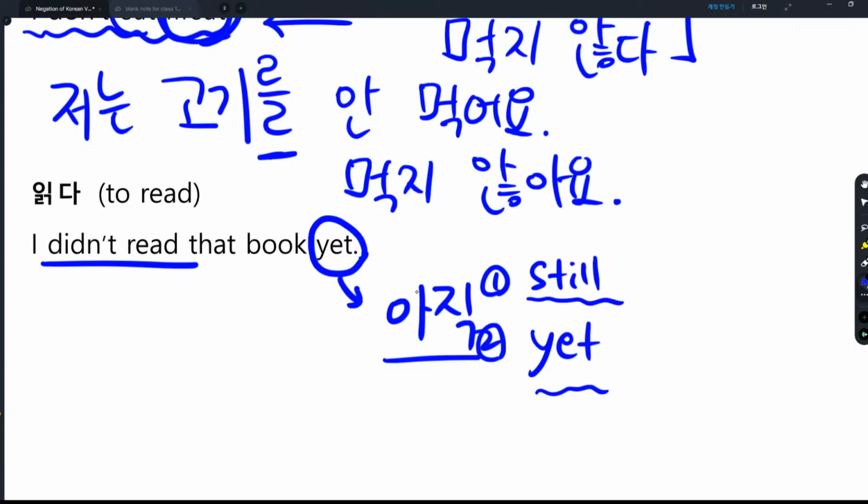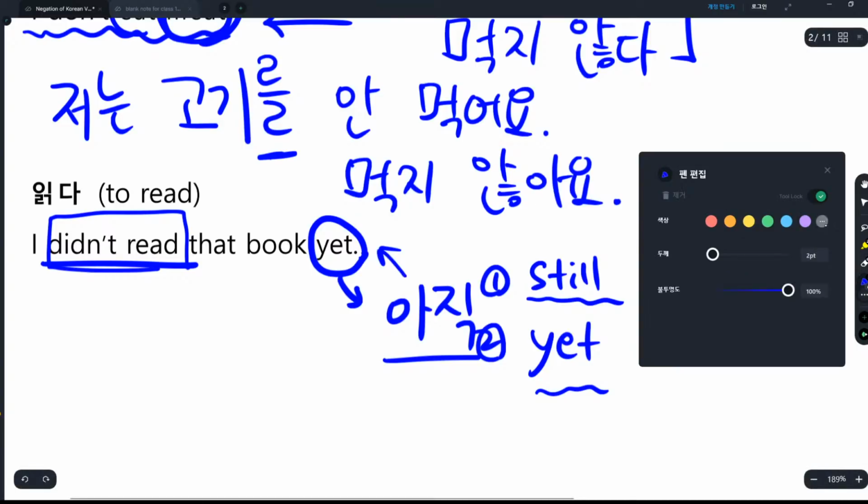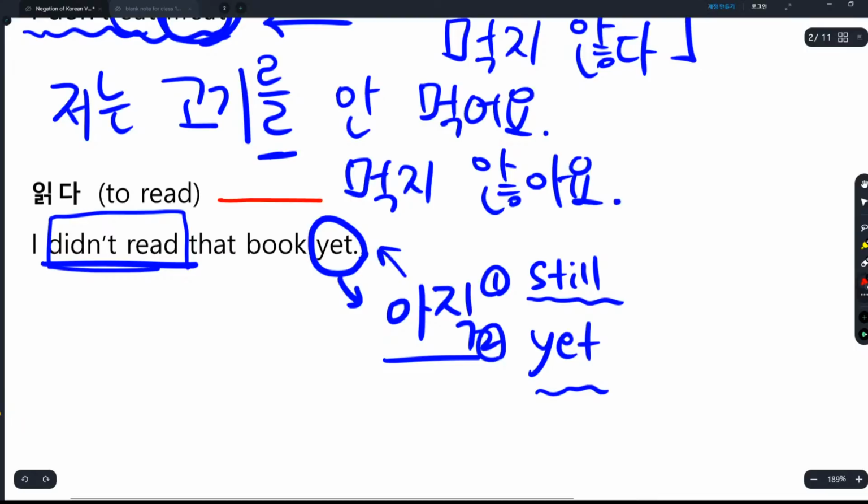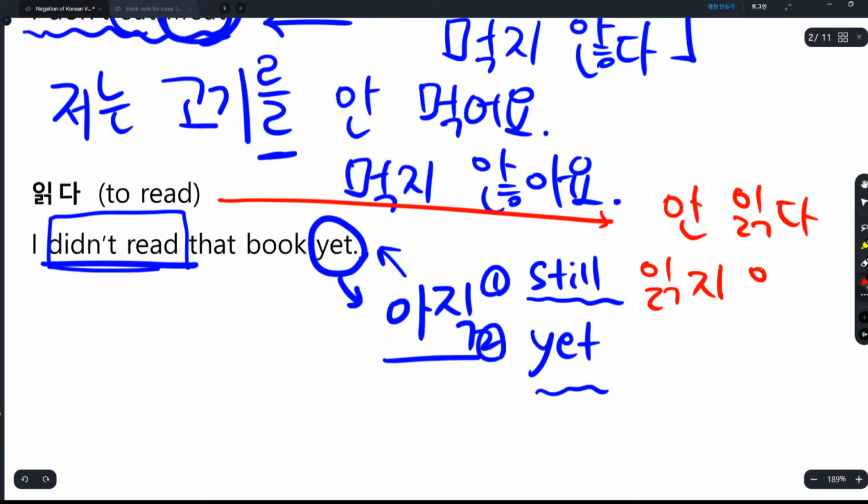So we're going to use 아직, and then it's going to be followed by a negative verb. So 읽다's negative verb would be 안 읽다, right? Or 읽지 않다, right? This one you can figure out quite easily since we learned how the negation works.